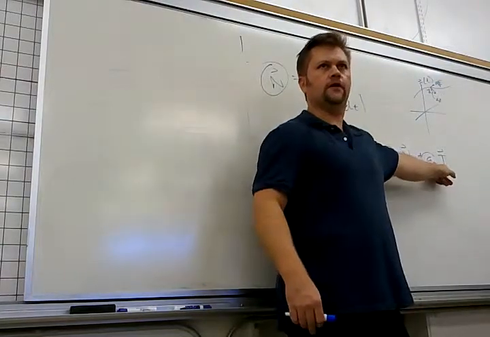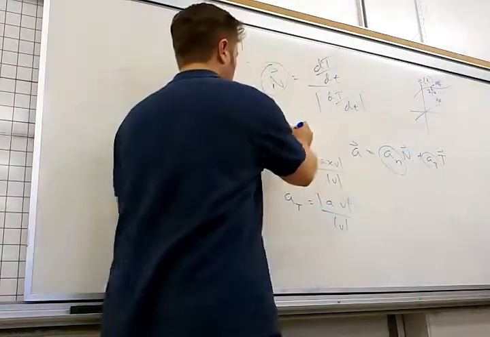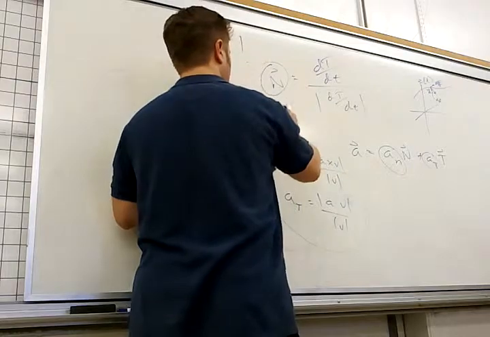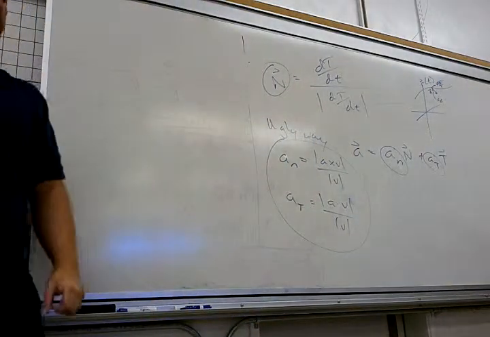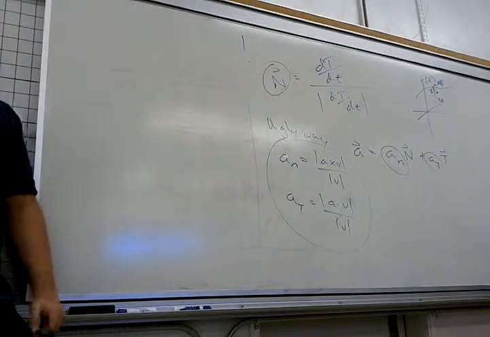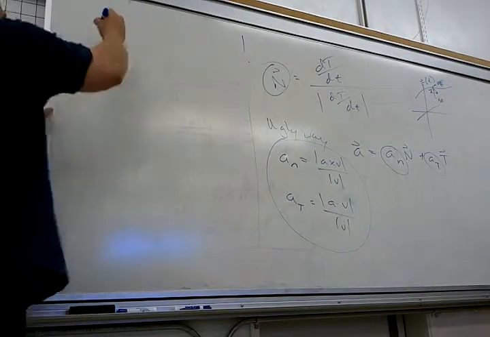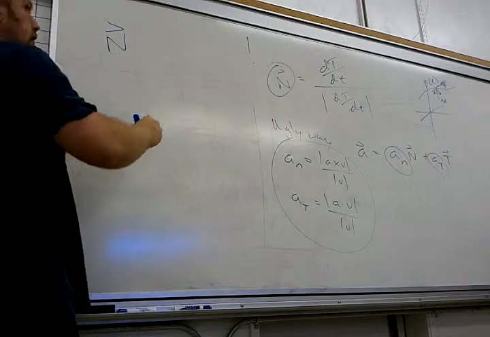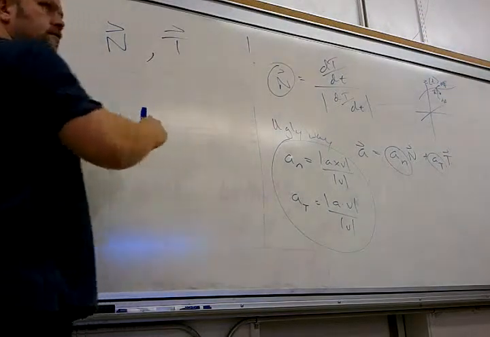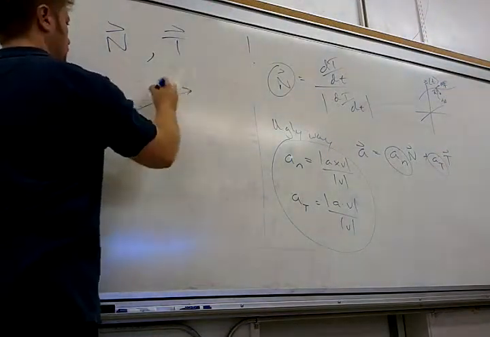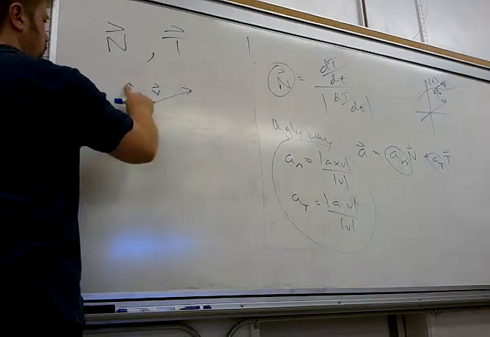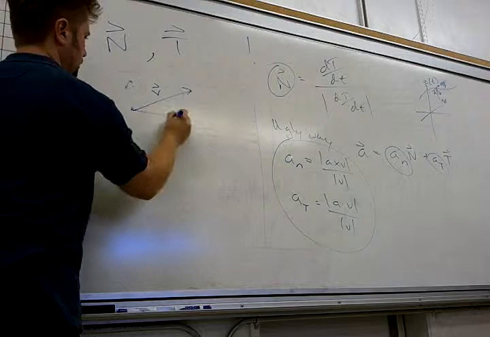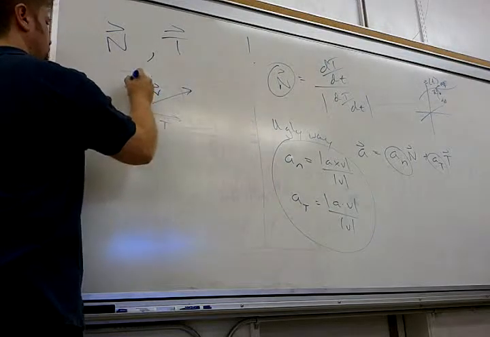We have those formulas. This is what I called, and you guys should have picked up on this, the ugly way to find these. It's not really terribly ugly, but it's a lot uglier than it has to be. If I have to find this anyway, and I have to find this anyway, so for example, if I have a vector here, I want to break it down into the tangential and the normal.